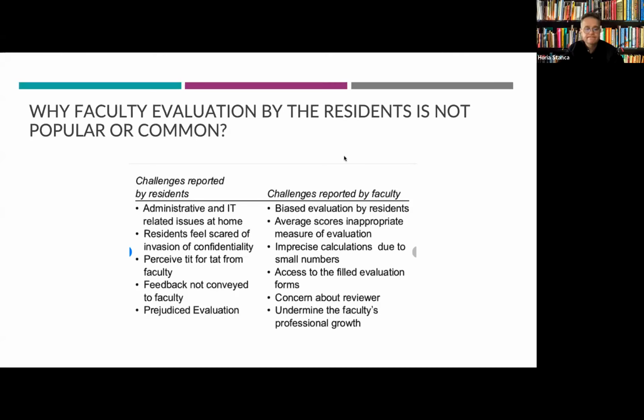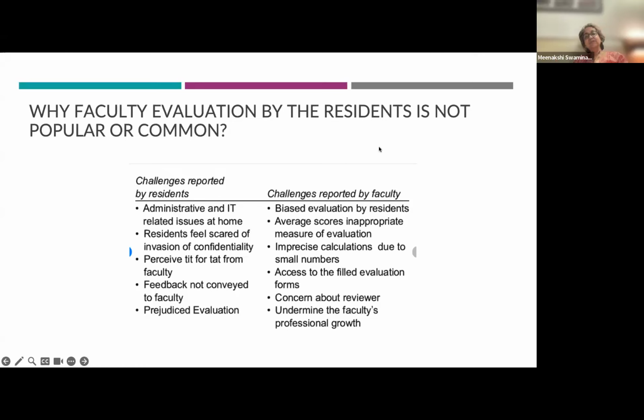And I was looking at whether it has been reported elsewhere why residents are hesitant. I found this study from Pakistan, which looked at why faculty evaluations are not popular. The challenges reported by the residents are that they had difficulty accessing the questionnaire and the software due to network issues at home. They felt scared of invasion of confidentiality, something we just covered.